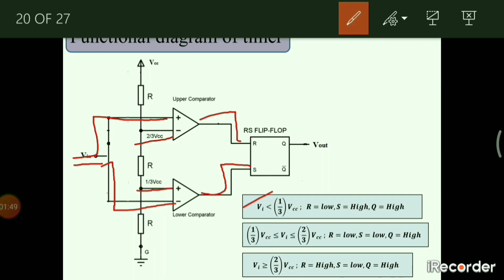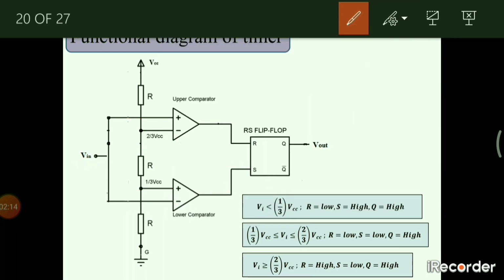So the output for R is low, because the inverting input is more than the non-inverting input. So R is low here, S is high, and an RS flip-flop is used. So whatever the output, Q is high. So this is the first case.